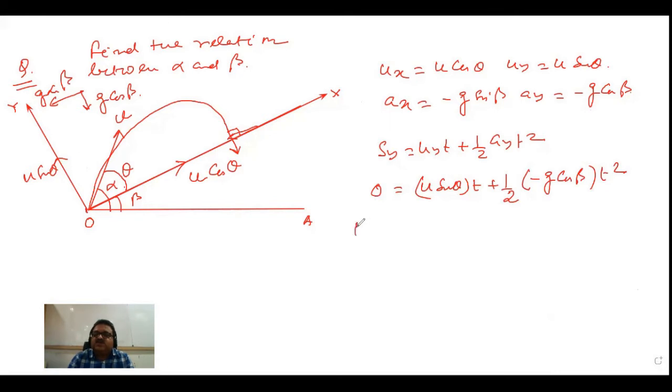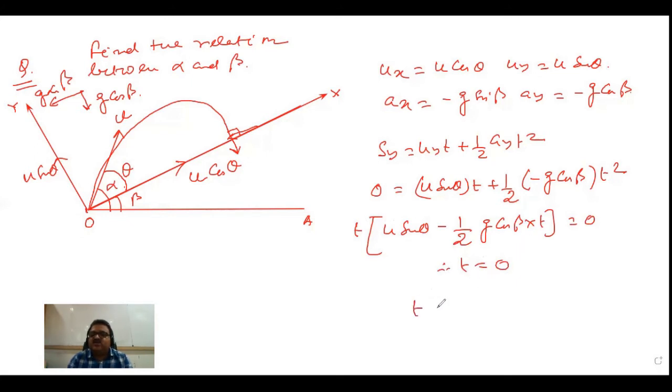T cannot be 0. So u sine theta minus half of g cos beta into t is equal to 0. Now t cannot be equal to 0. So what can I write? T equal to 2u sin theta by g cos beta.